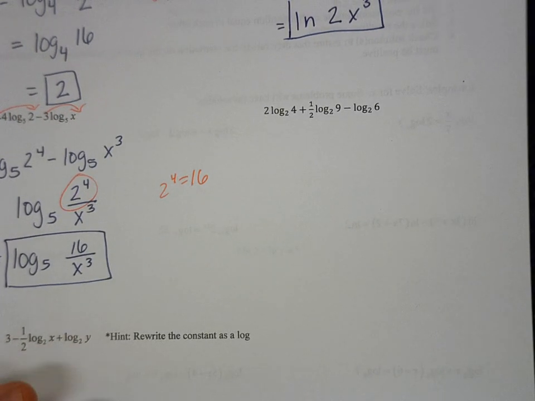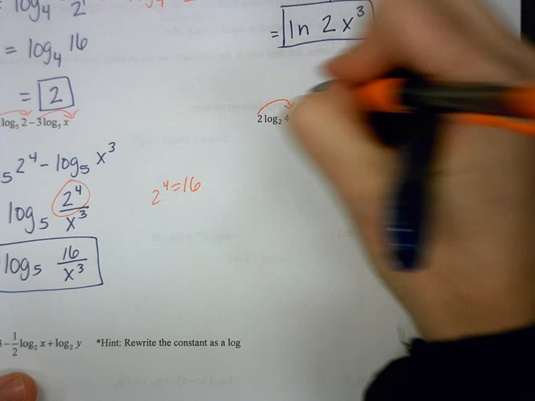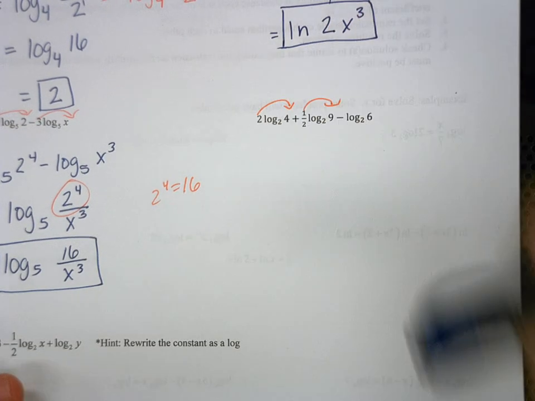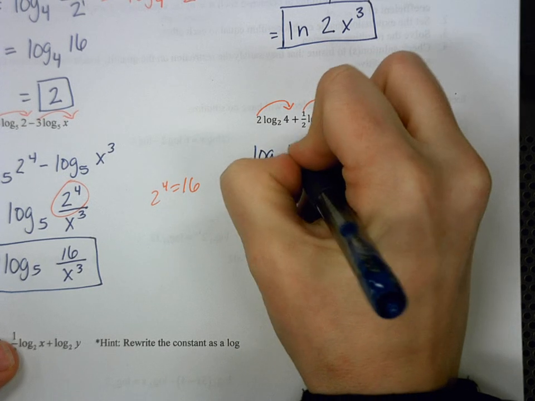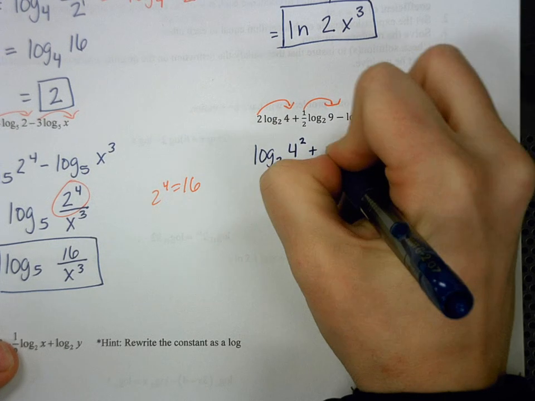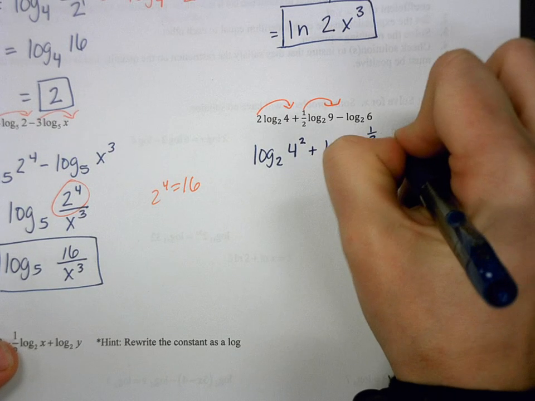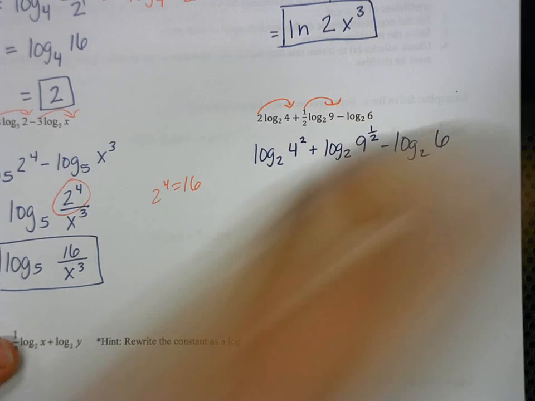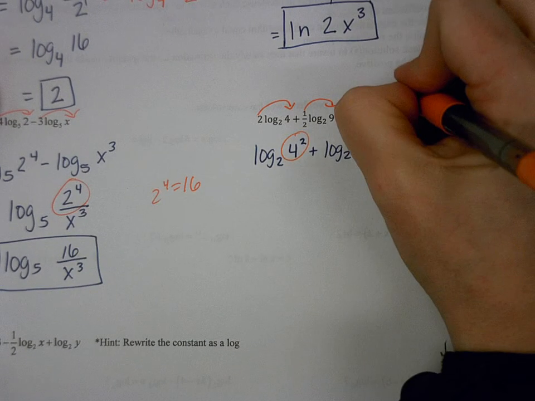All right, moving to the right. We're going to put the 2 and the 1/2 back in the exponent positions. Log base 2 of 4 squared plus log base 2 of 9 to the 1/2 minus log base 2 of 6. Okay, let's evaluate some of these. 4 squared is 16.